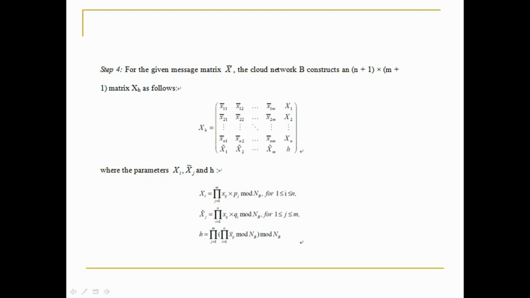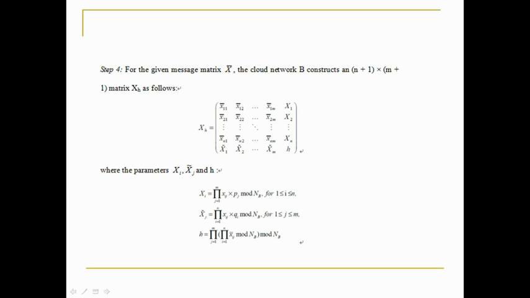In step 4, for the given message matrix X, the cloud network B constructs an n plus 1 multiply n plus 1 matrix XH as follows, where the parameters have the conditions as here.